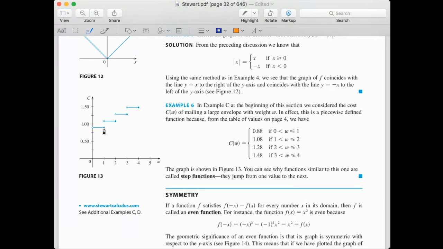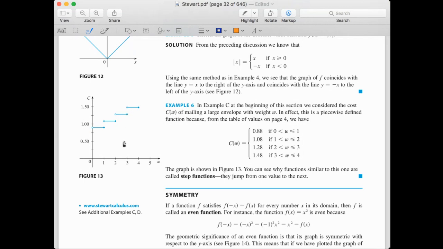On the left domain, we have a function value, but in this domain, we do not have an f of 1 value. So these step functions are discontinuous at 0, at 1, at 2, at 3.